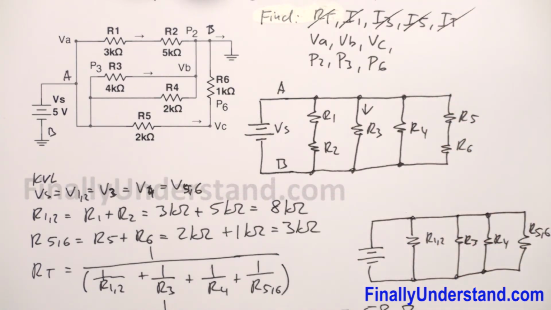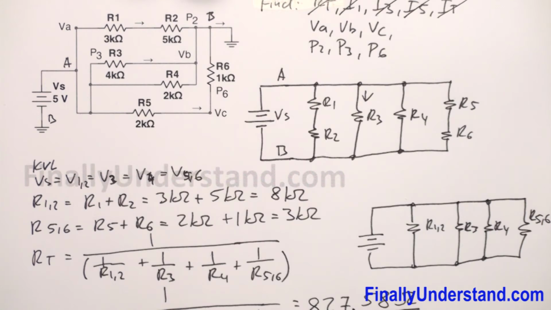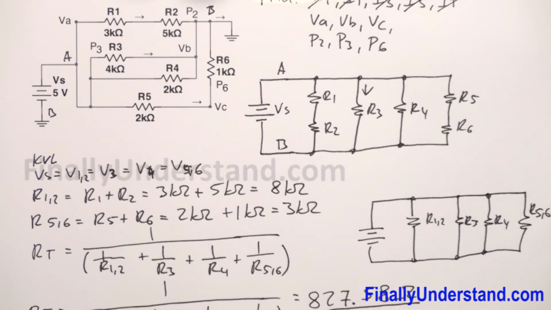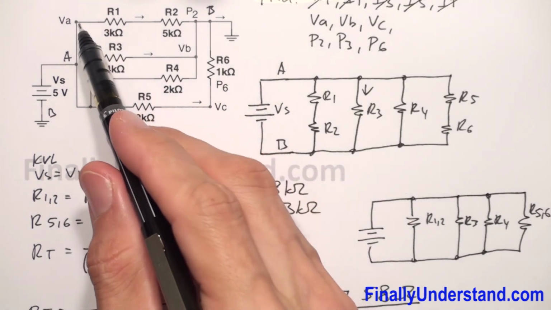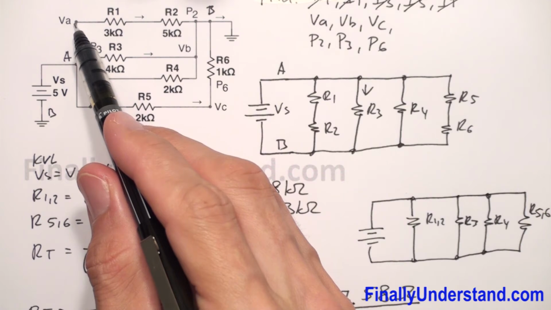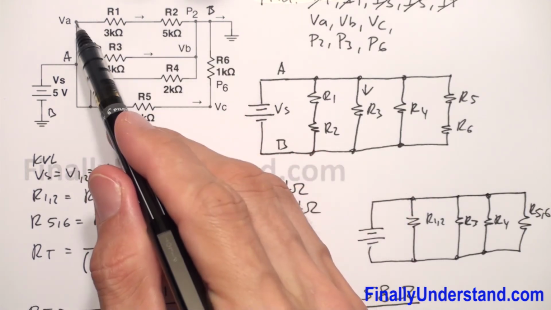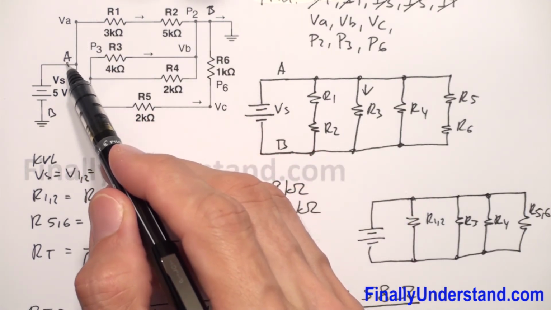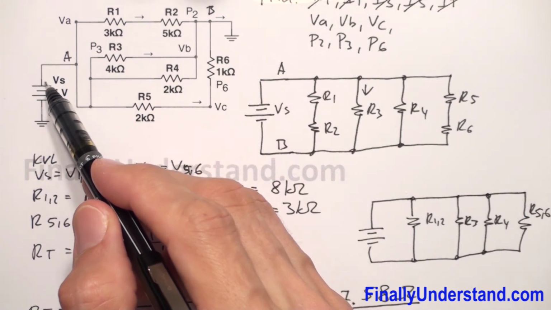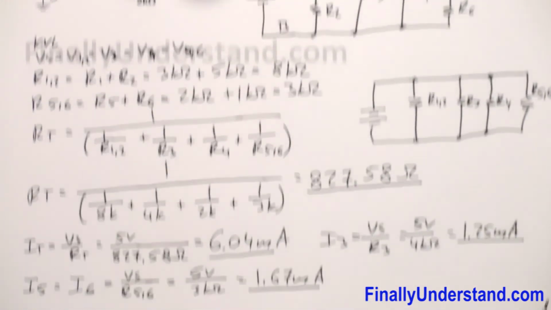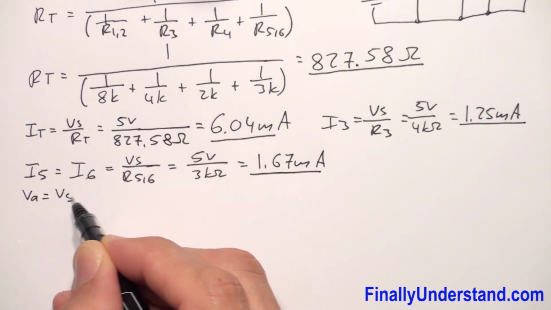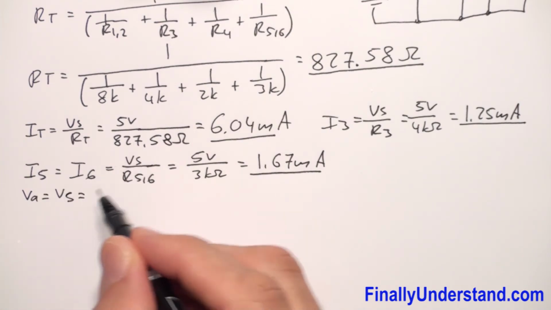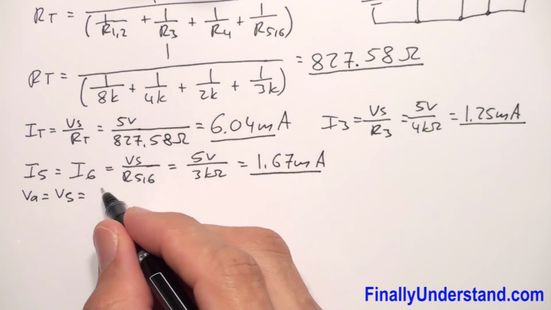Right? So next we're supposed to find VA. VA is the voltage at this point. Please notice that this is the voltage between this point and ground, and this point is connected directly to the positive terminal of my power supply. So VA is equal to my voltage source, and this is equal to 5 volts.